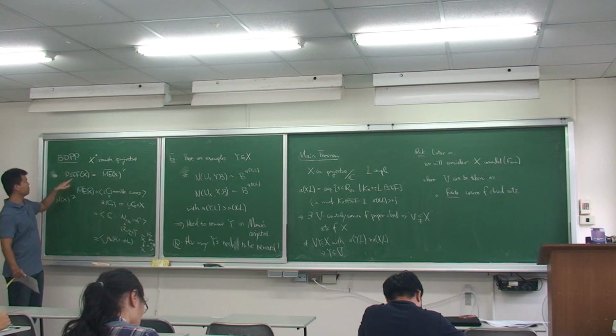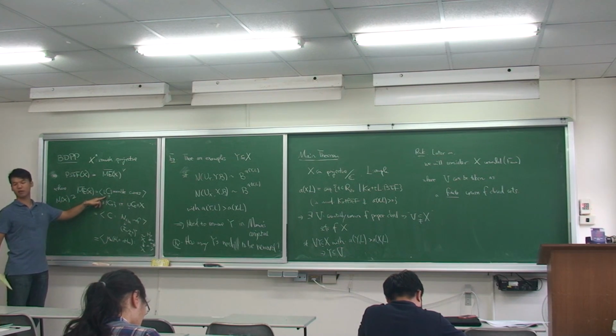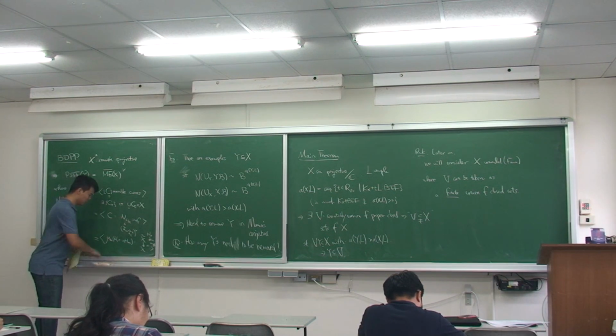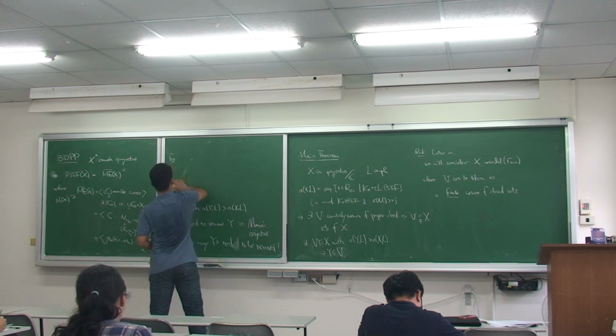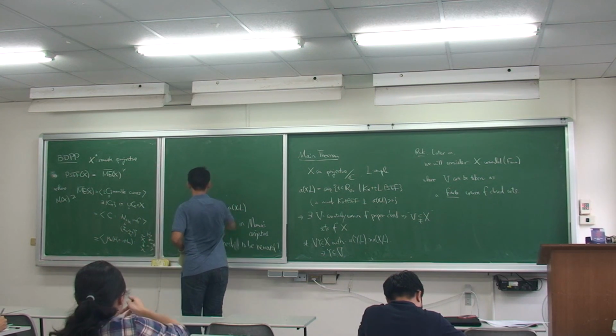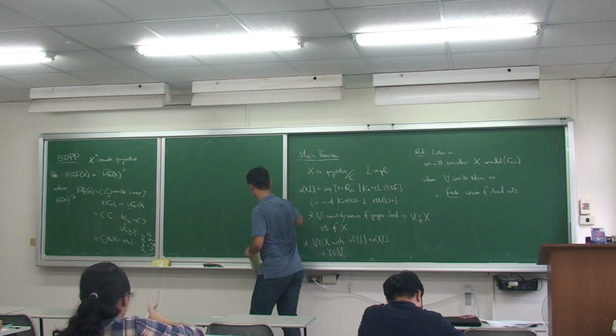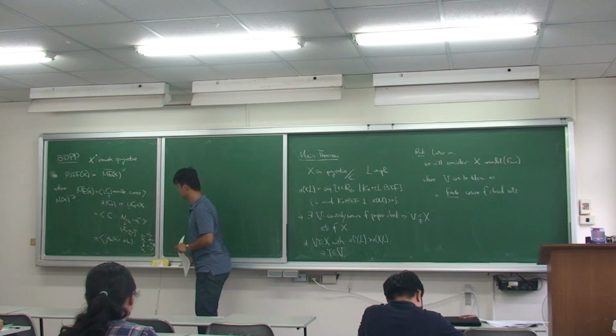So in order to check something is pseudo-effective, what you want to do is you choose any family of movable curves, and you look at whether it's in the dual. Dual means that the linear functional is not negative. So in that description, the mu can be any birational morphism?